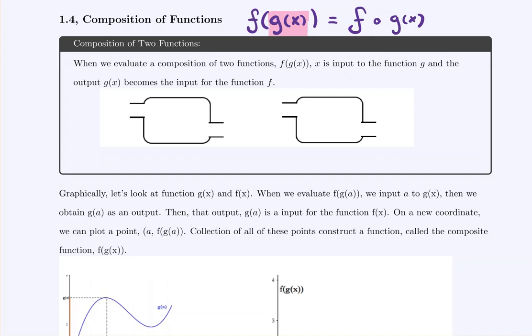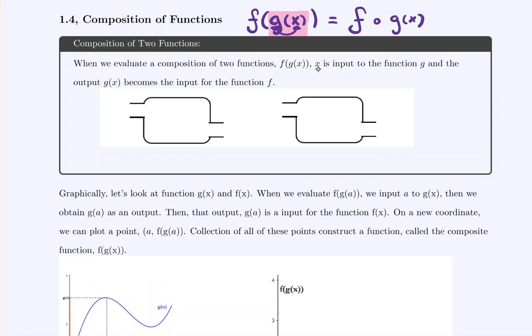And notice as you read this function notation, you've got f as the output value and g of x as the input value, but even within that, g is the output value at the input value x.